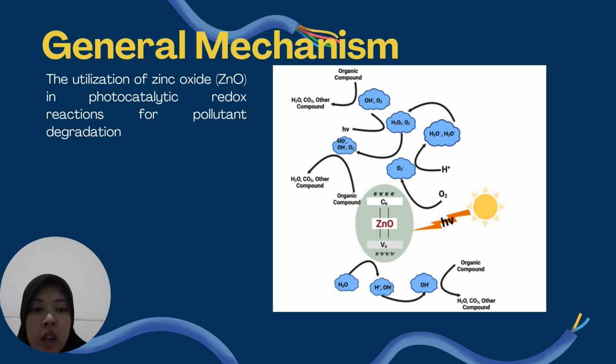Various metal oxide nanoparticles or NPs and their composites, including zinc oxide, titanium oxide, and cerium oxide, can also be used as catalysts in enhancing the generation of radicals.